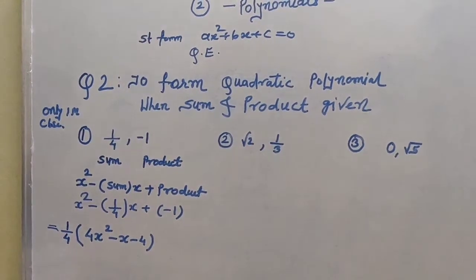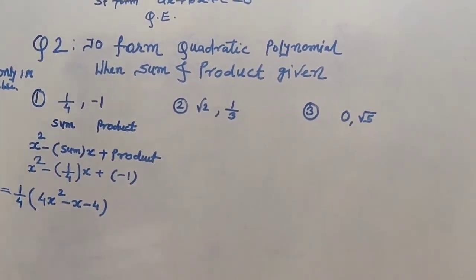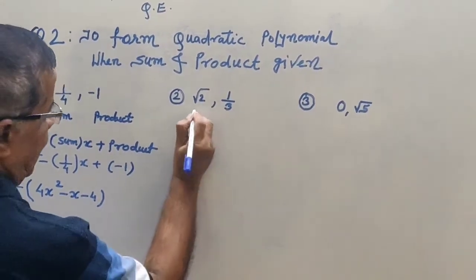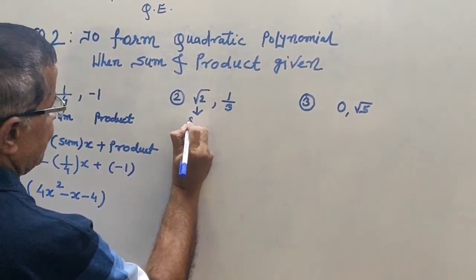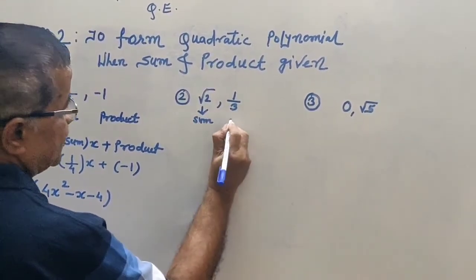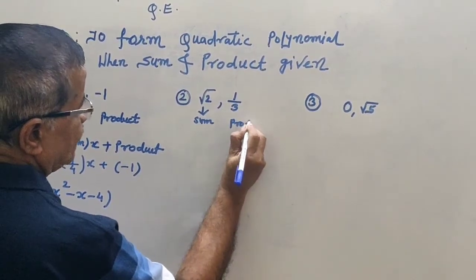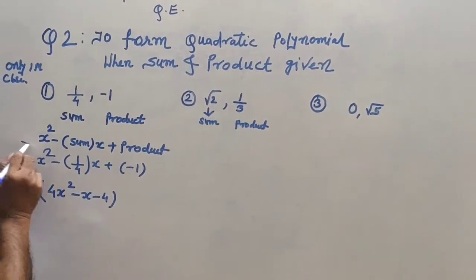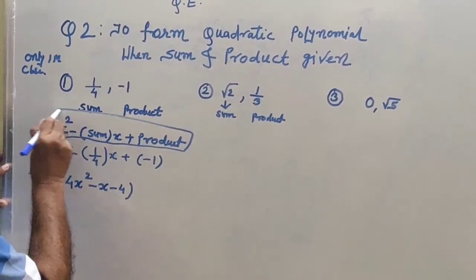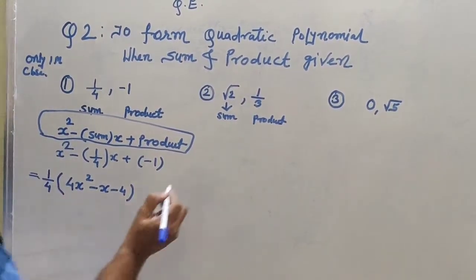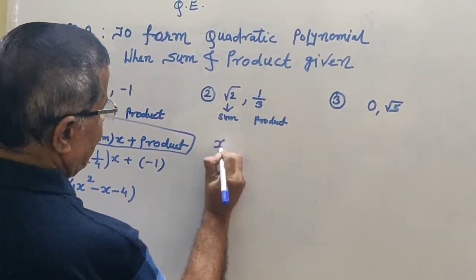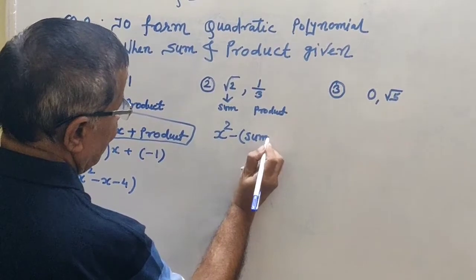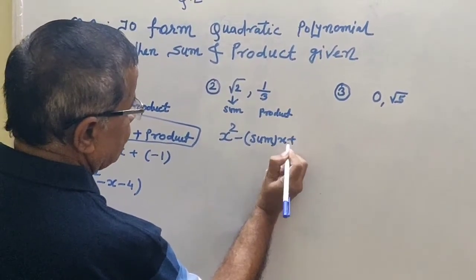Now we will go to another type of problem, where the sum is given in the form of a root. This is my sum and this is given as the product. Now I will write this in the standard form of the equation. This is the common form for all the problems: x square minus sum into x plus product.